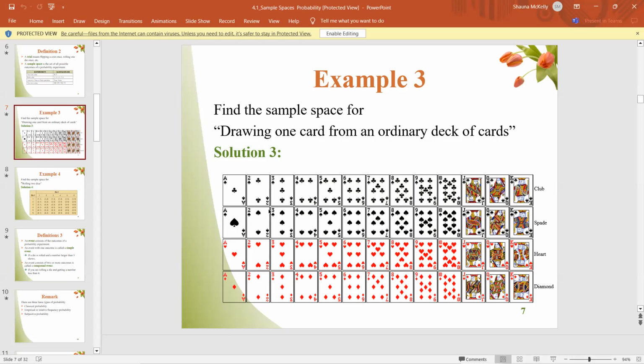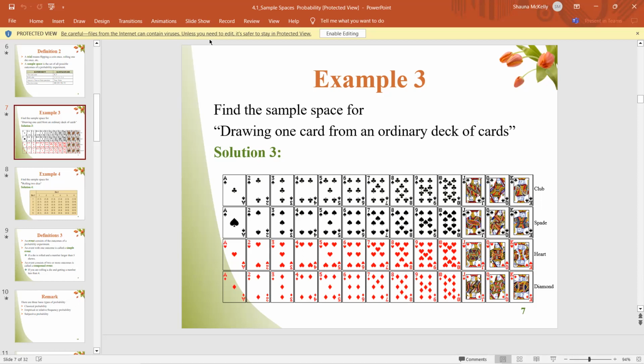Yeah, there are 4 3s: the 3 of clubs, spades, diamonds, and hearts, right? And there are the same for 8: the 8 of clubs, the 8 of spades, the 8 of hearts, the 8 of diamonds. So that means we're going to have how many cards altogether? Okay, 8 over 52.